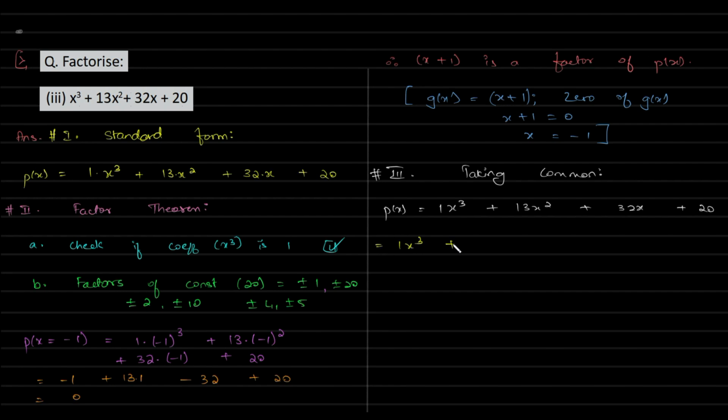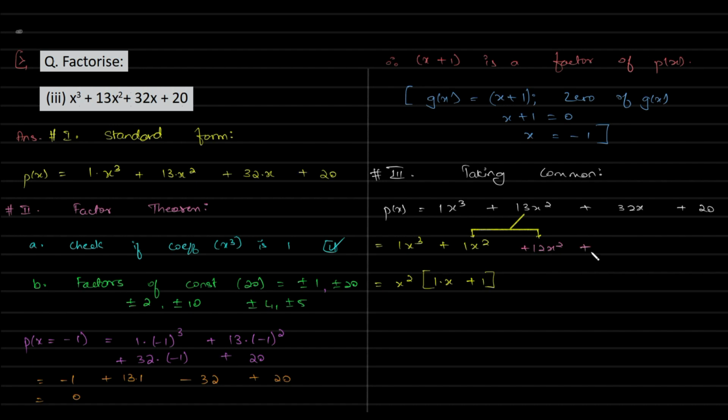So what should I write over here so that I'll be able to get x plus 1? 1x square. When I take x square common, you'll be left with 1 into x plus 1. What will you end up writing in the second position? Remember, this position needs a value which will add up to 13. That should be plus 12x square.